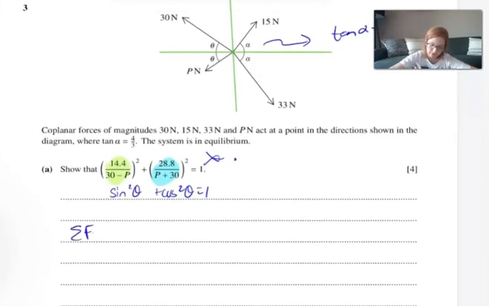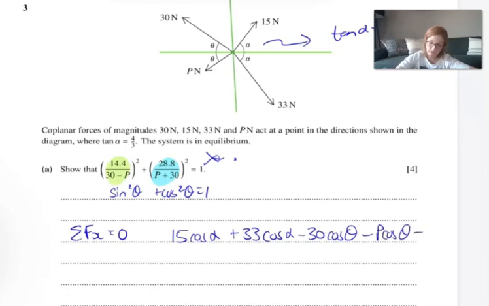The sum of my forces in the x direction are equal to 0. So I have got 15 cos alpha plus 33 cos alpha minus 13 cos theta minus p cos theta is equal to 0. Okay.